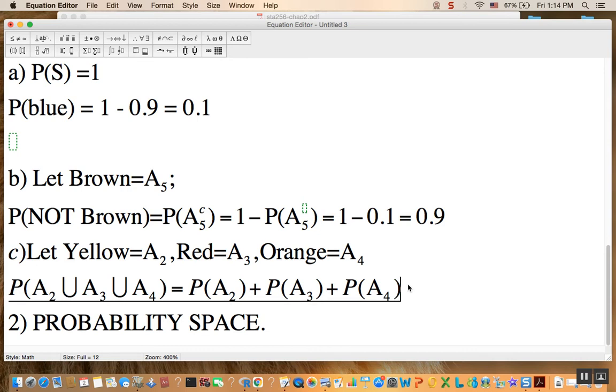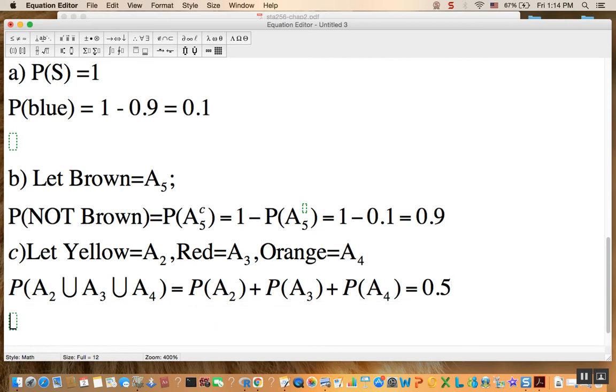We say that, for instance, in this case, A2 and A3 are mutually exclusive. Same goes for A3 and A4, right? They are mutually exclusive. Well, and then this happens to be just 0.2 plus 0.1 plus 0.2, which equals 0.5.